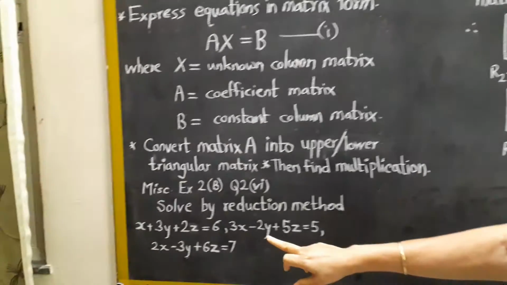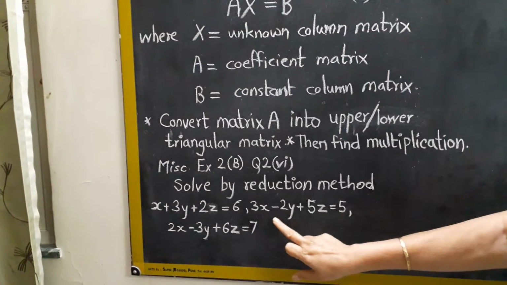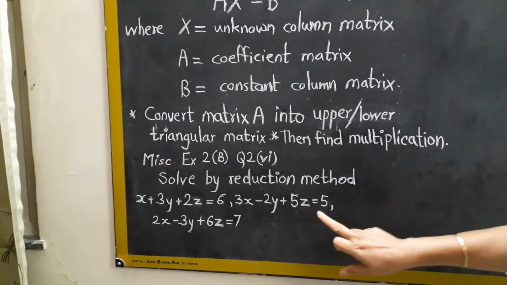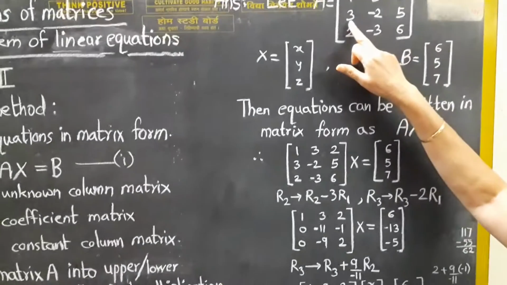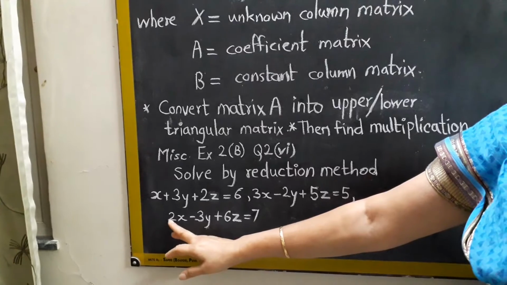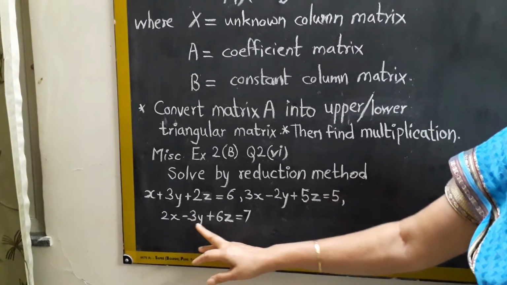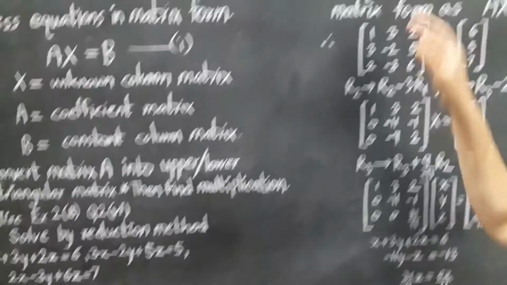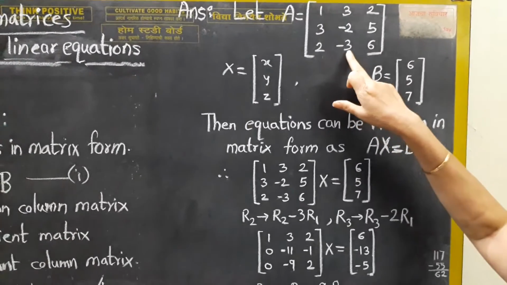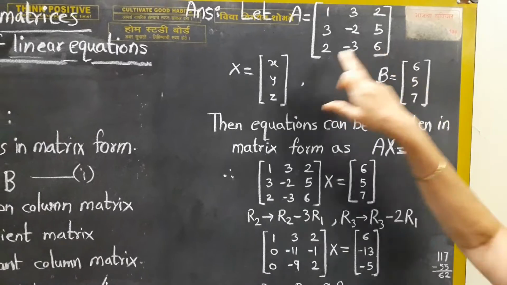The second equation gives 3, -2, 5, so the second row is 3, -2, 5. And the third equation has the coefficients 2, -3, 6, so the third row of the matrix is 2, -3, 6.